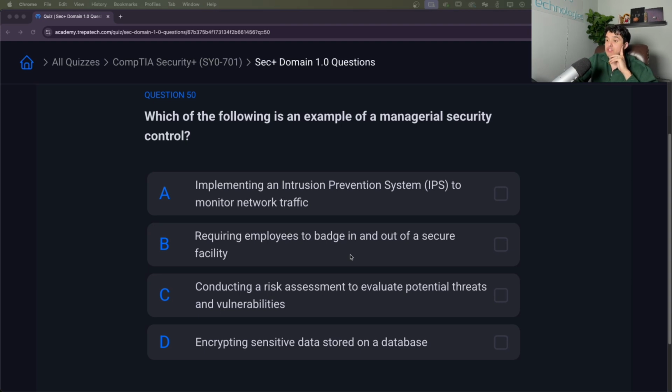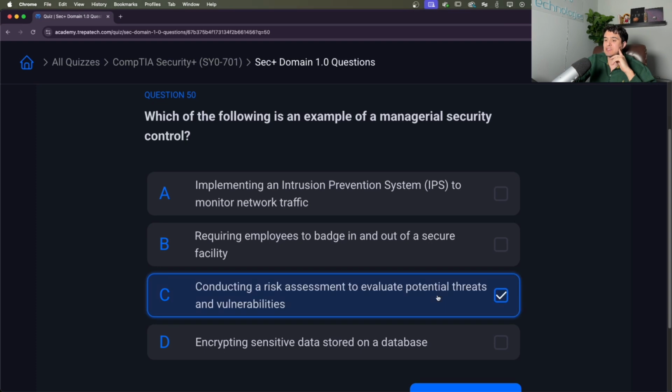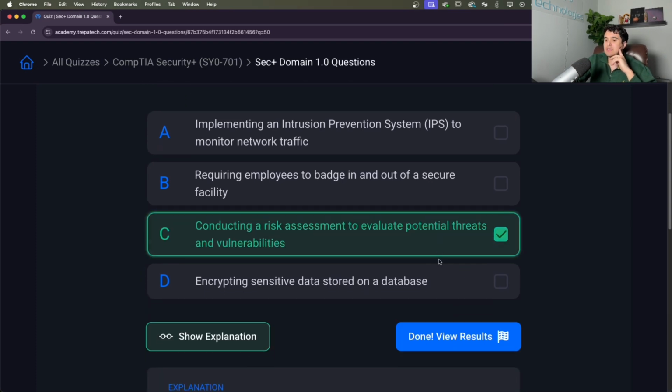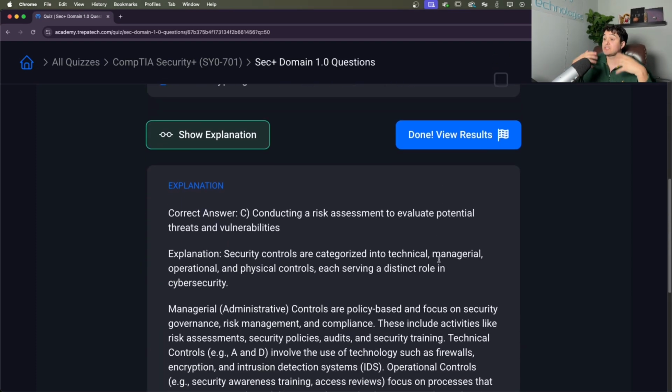We're enforcing this badge in and out of a secure facility due to compliance. This seems more operational. So what I really see is the only option we have left: conducting a risk assessment to evaluate potential threats and vulnerabilities. That's something that the managers, the C-suite, people in those positions would want for the organization.